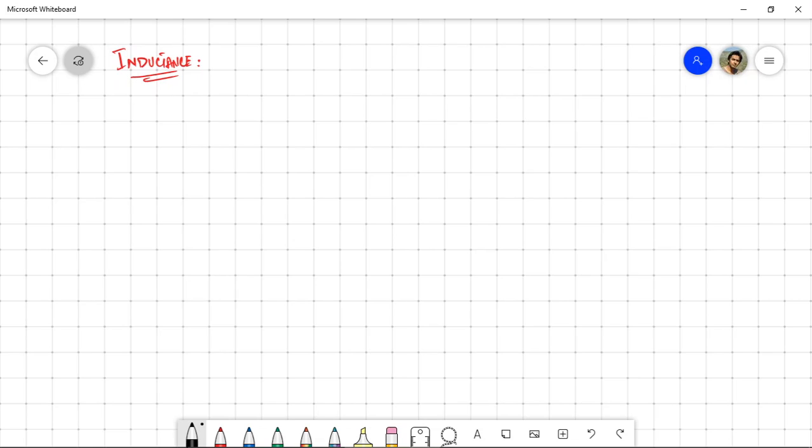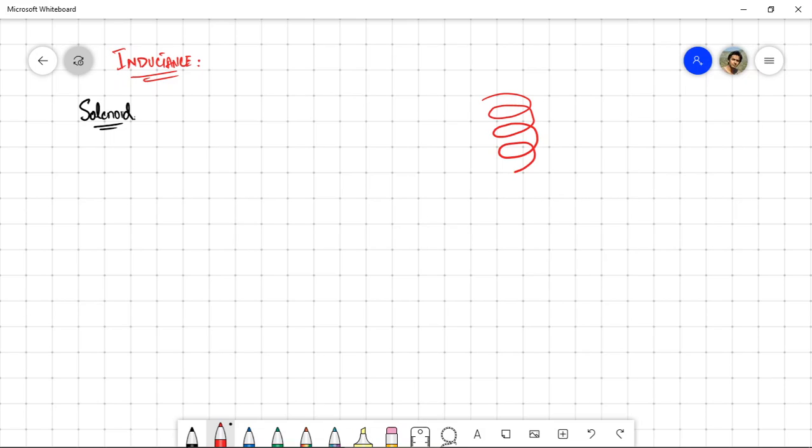Okay, so in order to understand this a little bit, we'll take a typical example of a solenoid. In a solenoid, we have a closely wound coil, and we call it a solenoid. We'll try to draw it like this. So this is basically a solenoid. I think I should draw it a little bit wider so that you may be able to understand what is happening.